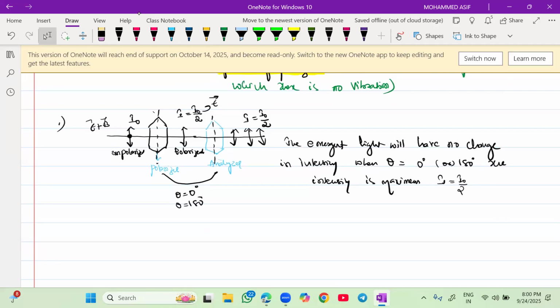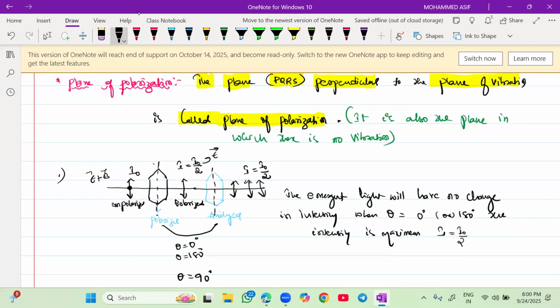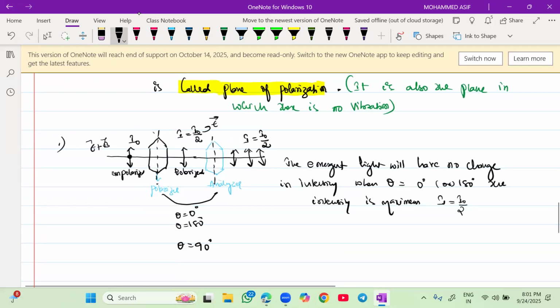Now see here, one more thing. If theta becomes 90 degrees, then what happens to the intensity? Tell me. I am turning it totally by 90 degrees. Then the intensity will become 0. For example, this is an analyzer and there is a vertical slit like this, and light is passing through it.